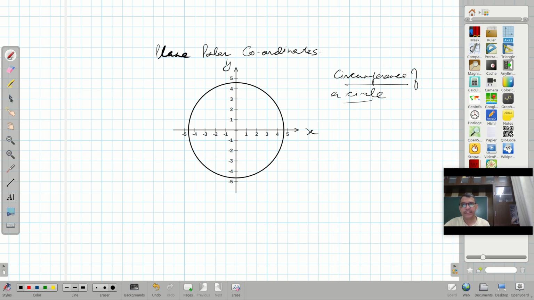This radial distance, because this is the radial distance which I am considering here, is represented by the r vector, and this radial distance is constant.